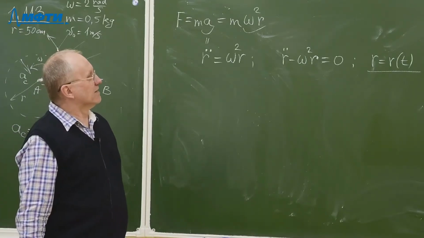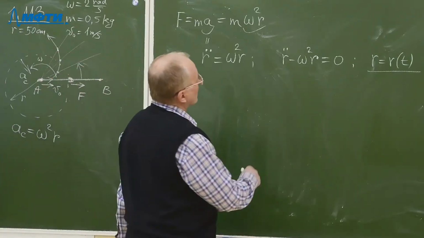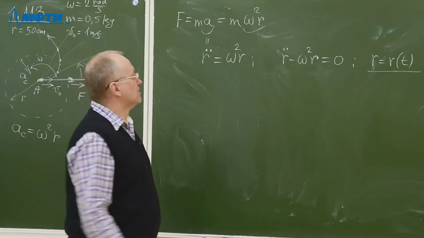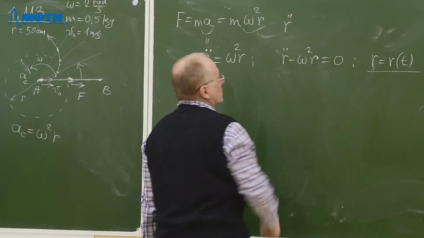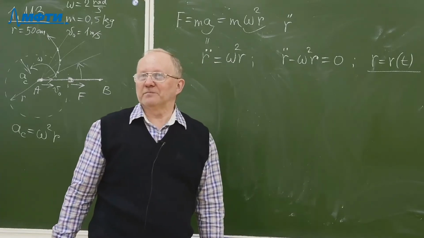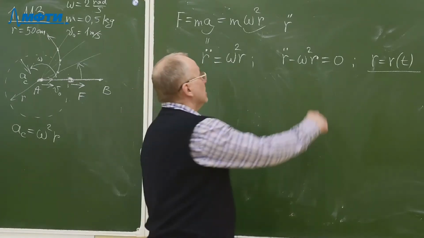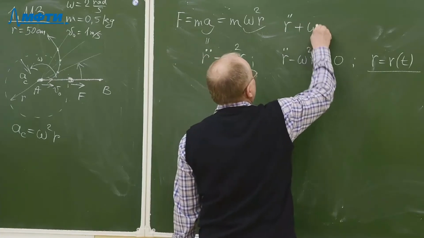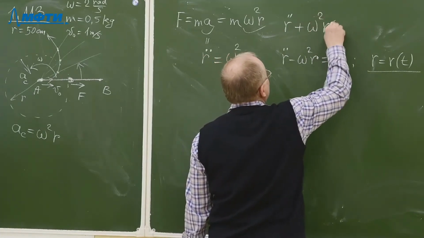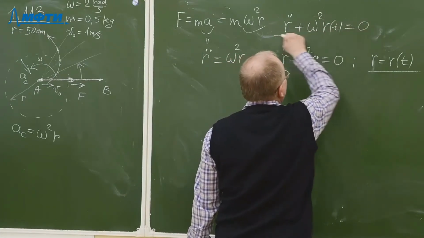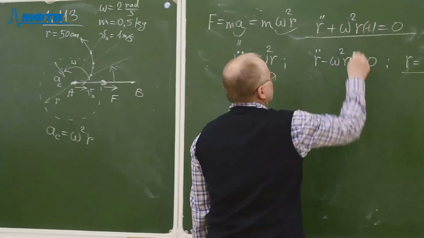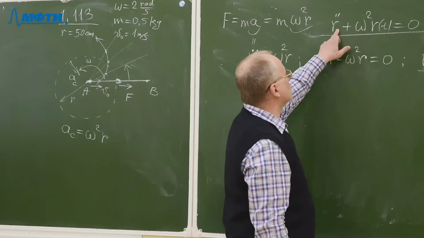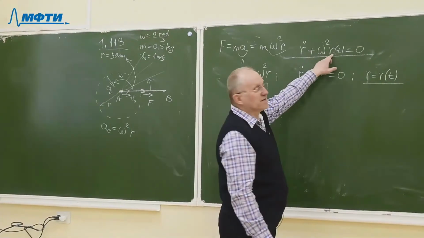By the way, this differential equation looks somewhat similar to a differential equation defining the harmonic oscillations. In harmonic oscillations, you will have this type of differential equation. This equation, we have solved it, and we know that the solution is cosine omega t or sine omega t.